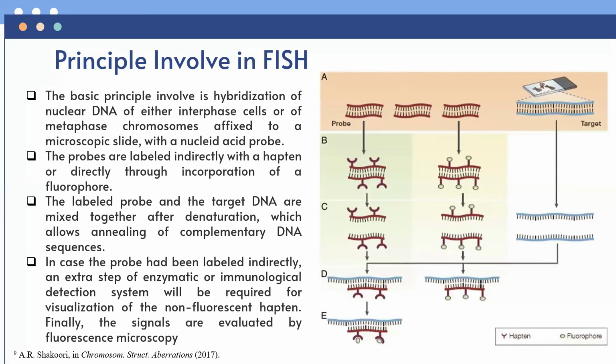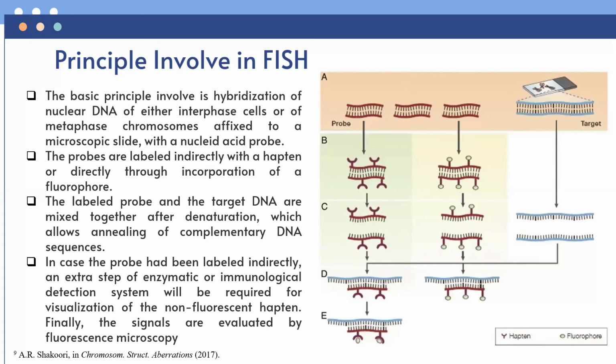This figure on the right side visualizes the principle of the FISH method. In A, the basic elements are a DNA probe and a target sequence. Before hybridization, the DNA probe is labeled indirectly with hapten in the left side or directly labeled via the incorporation of fluorophore in the right panel.